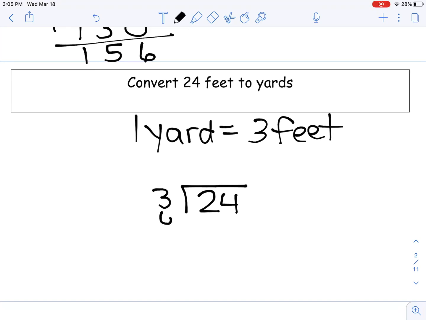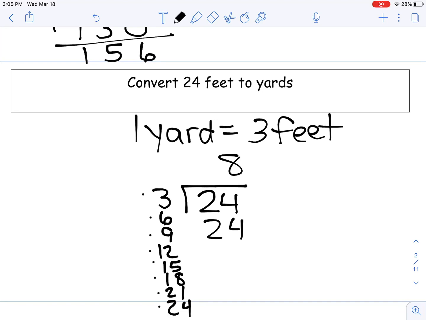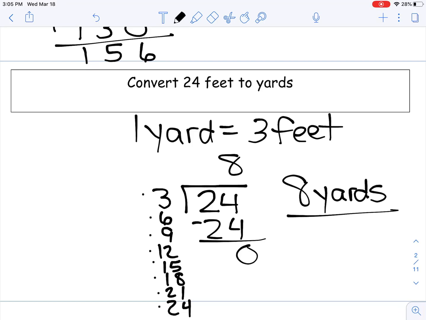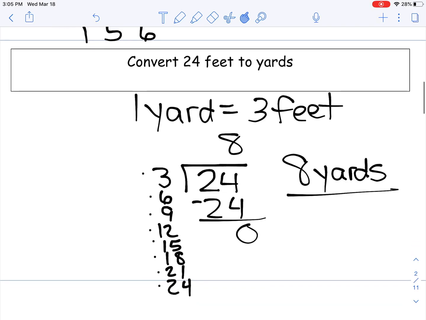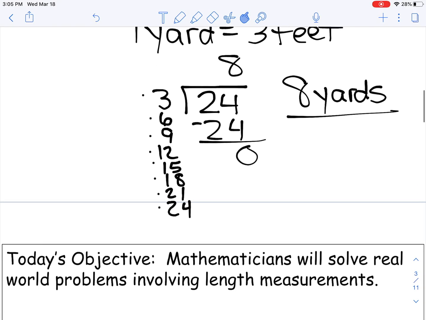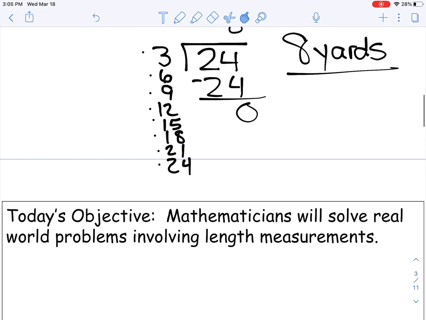Skip count strategy, 3, 6, 9, 12, 15, 18, 21, 24. There's my numbers, so it's 1, 2, 3, 4, 5, 6, 7, 8. So we know 24 feet is equivalent or equal to 8 yards. There we go.